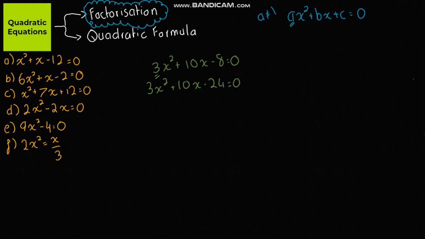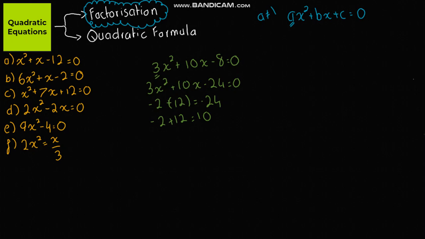Then we factorize: which two numbers multiplied to give negative 24 and added to give 10? Those would be negative 2 and 12. Negative 2 times 12 gives negative 24. Negative 2 plus 12 gives 10.